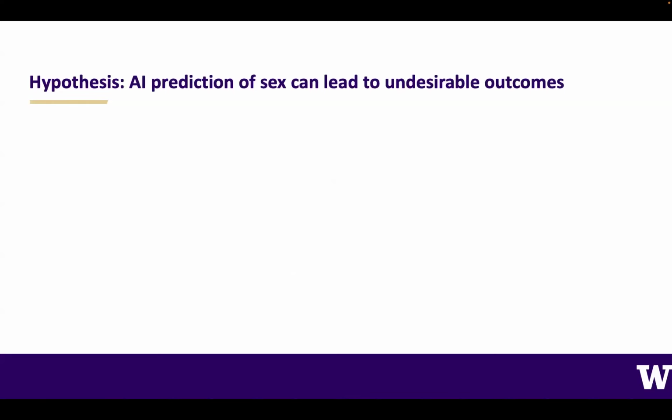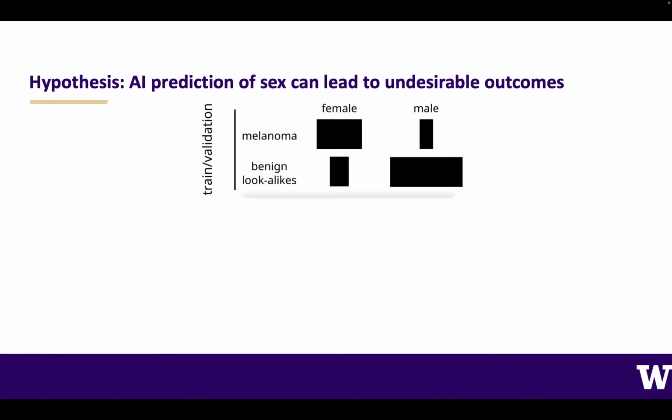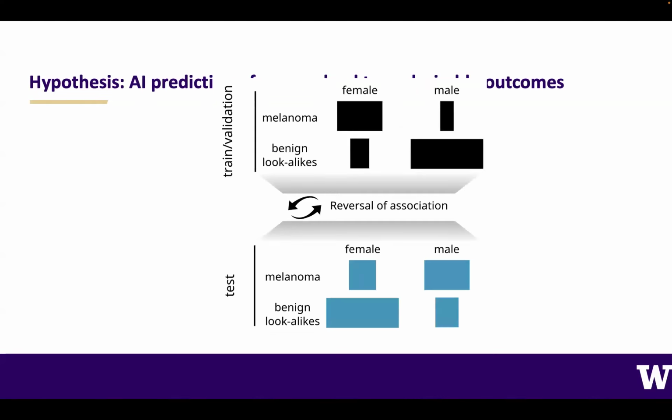The hypothesis for the first question is that AI prediction of sex can lead to undesirable outcomes downstream. If you consider a scenario where we have a train set with an association between patient sex and the target, in this case melanoma, and that association is reversed in the test set, then we can assume the classifier will have reduced performance since it will not be able to use that signal anymore.